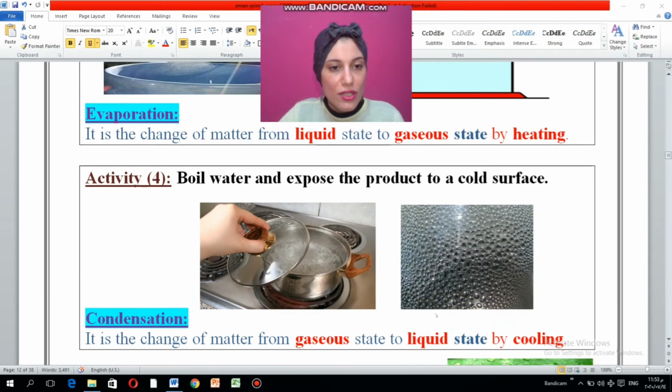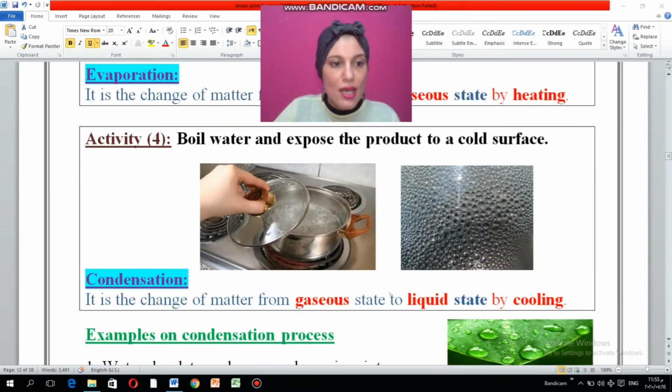Let's do another activity to know the last process with us. Boil water and expose the product to a cold surface. هنغلي برضو، بنعمل boil للووتر واللي خارج منها the exposed product يعني الناتج. Product يعني الناتج ايه؟ اكيد water vapor.